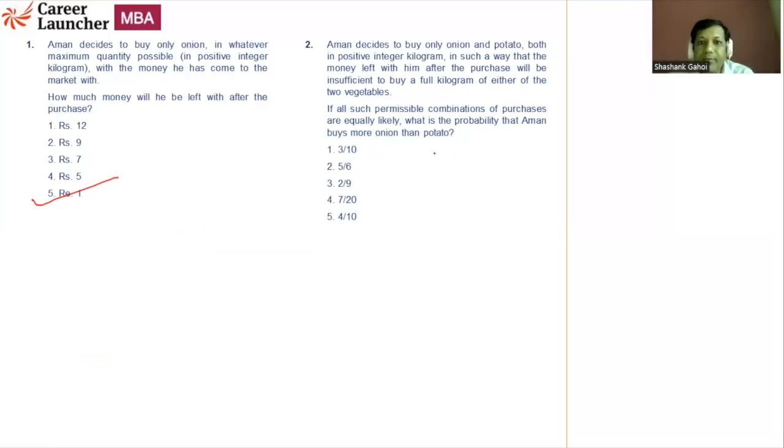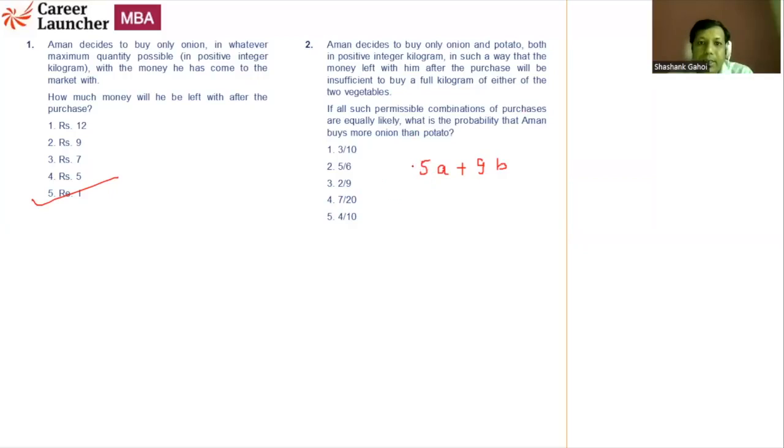Let's say the quantity of potato is A. The price of onion is 9, and let's say the quantity he's buying is B. And the money left with him should be so little that he can't buy anything. It means the amount left with him should be less than 5 rupees, because if he has 5 rupees left, he can buy a kg of potato. So the money left with him should be less than 5.